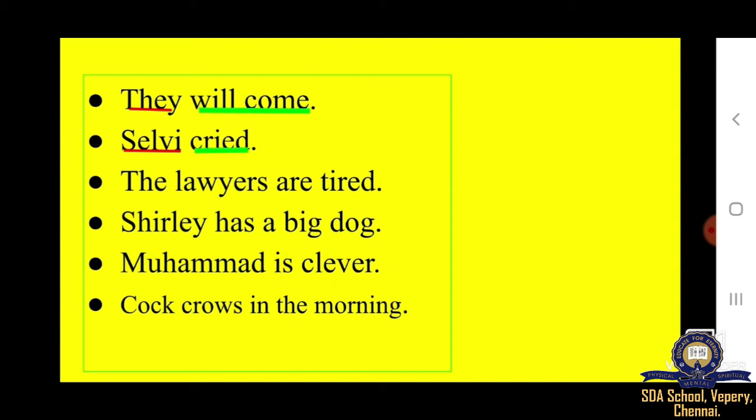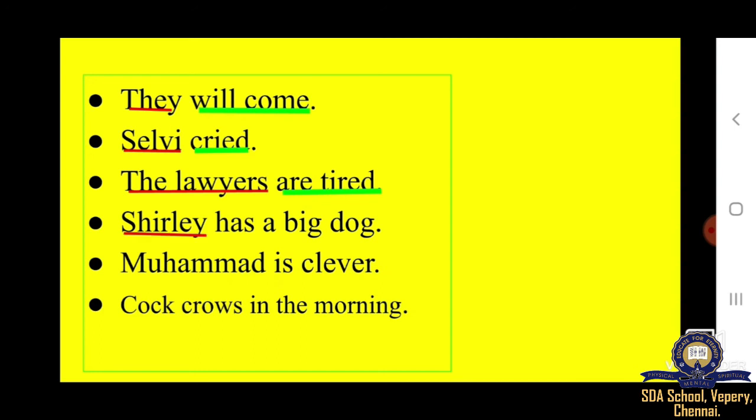And next sentence, the lawyers are tired. The lawyers are tired. Children, here what is the subject? Yes, the lawyers are subject. And the remaining part, are tired, is predicate. And next sentence, Shirley has a big dog. Shirley has a big dog. So children, here what is the subject?